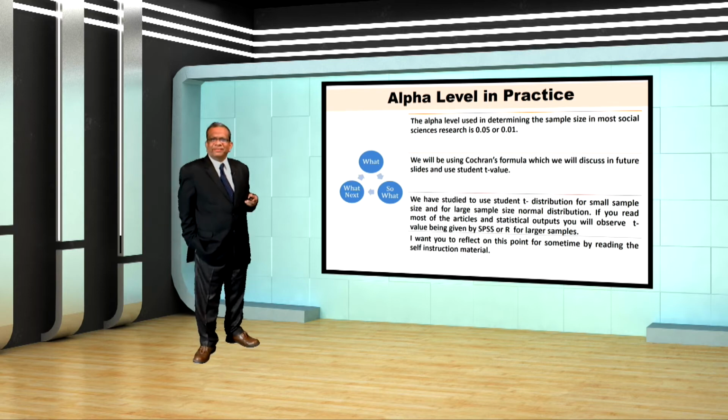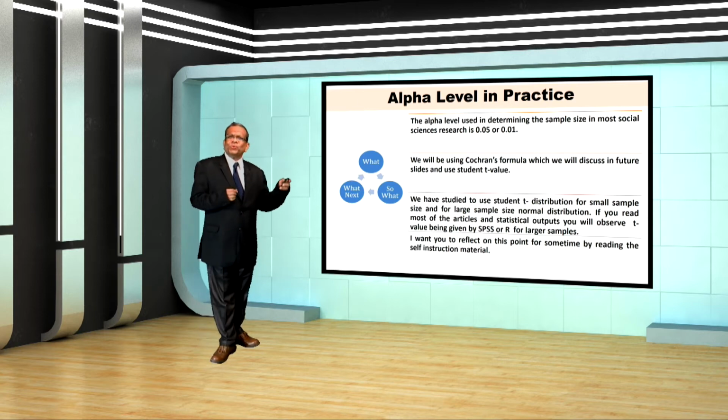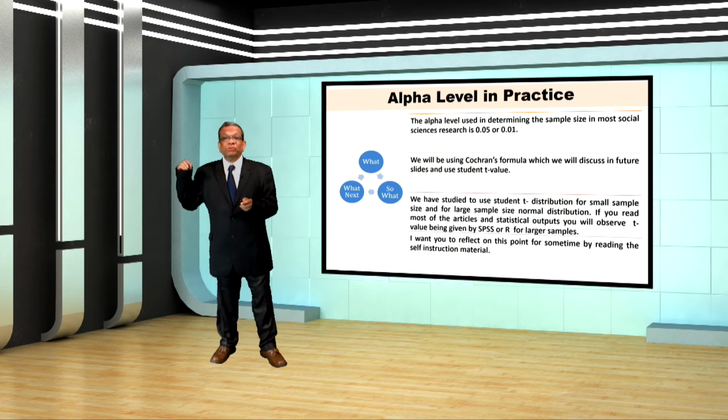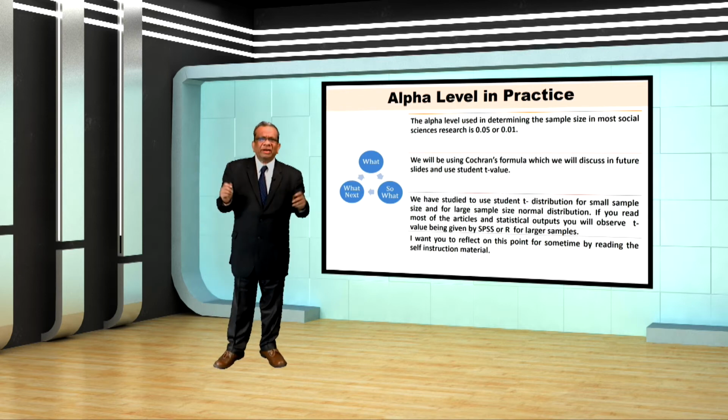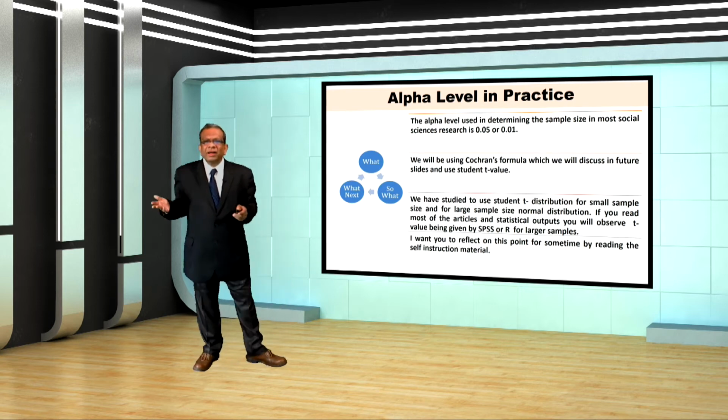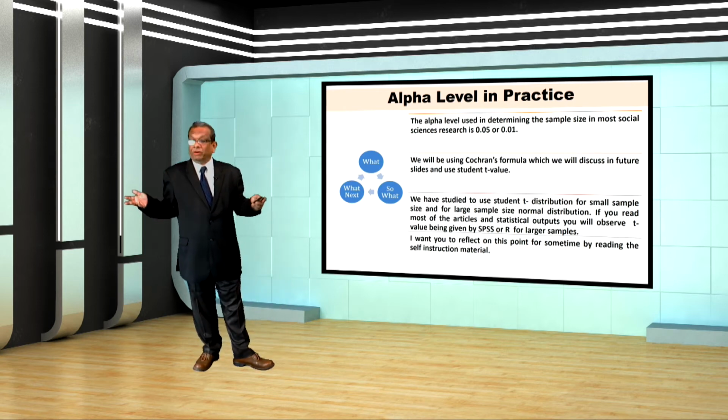We have studied to use the student t-distribution for small sample size and the normal distribution for large sample size. If you read most of the articles and the statistical outputs, you will observe a t-value is being given by SPSS, even for larger samples, even 500,000 samples, you will be getting a t-value.